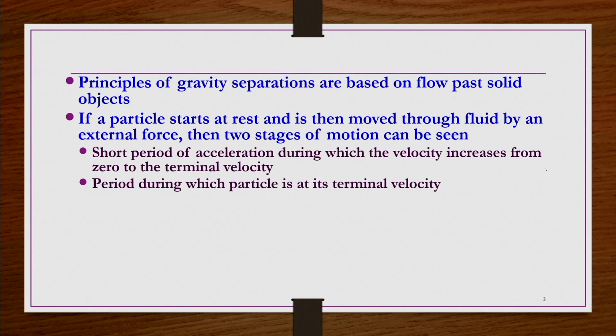There are two stages. In one stage du by dt is not 0, and the velocity increases from 0 up to a maximum velocity, which is called the terminal velocity. Once this terminal velocity is reached, the particle settles without any acceleration, or with a constant velocity, not changing with respect to time.